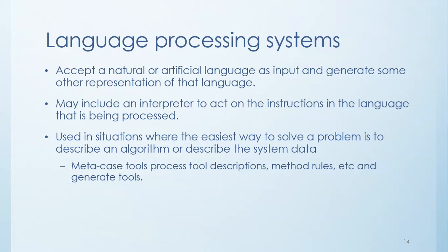Okay, so finally getting on to language processing systems. We can accept natural or artificial language as input and generate some other representation of that language. It may include an interpreter to act on the instructions in the language that is being processed, and is used in situations where the easiest way to solve a problem is to describe an algorithm or describe the system data.